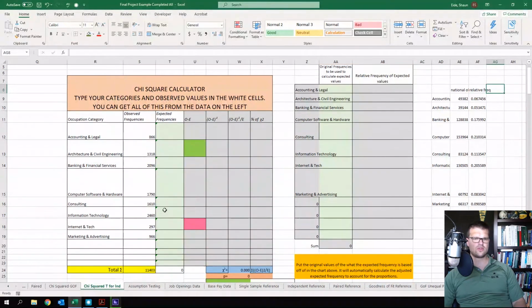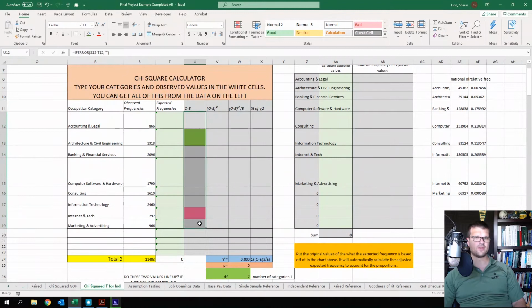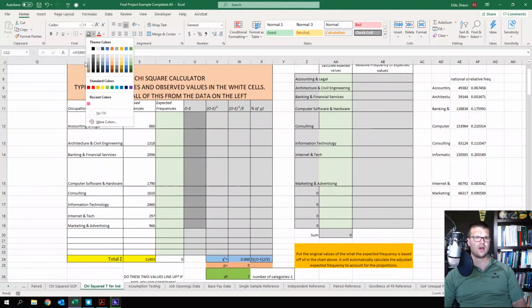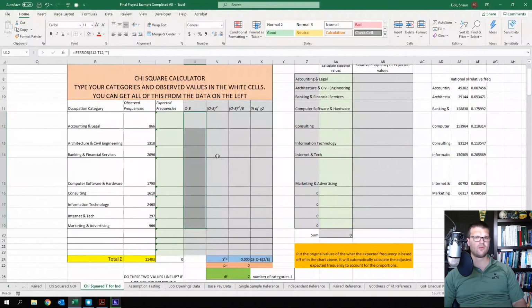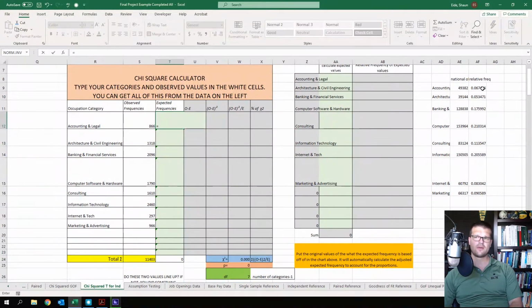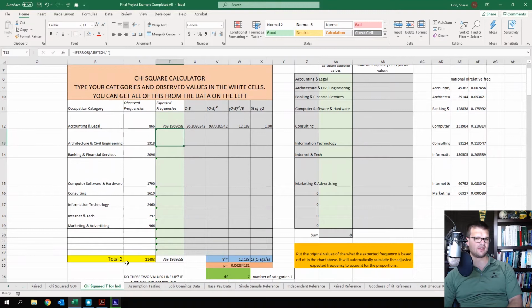In order to find the expected frequency for all of these, what we need to do is basically put the relative frequency proportionate to this total right here. For instance, I'm going to do equals this relative frequency multiplied by the total number that is in the observed frequency column.